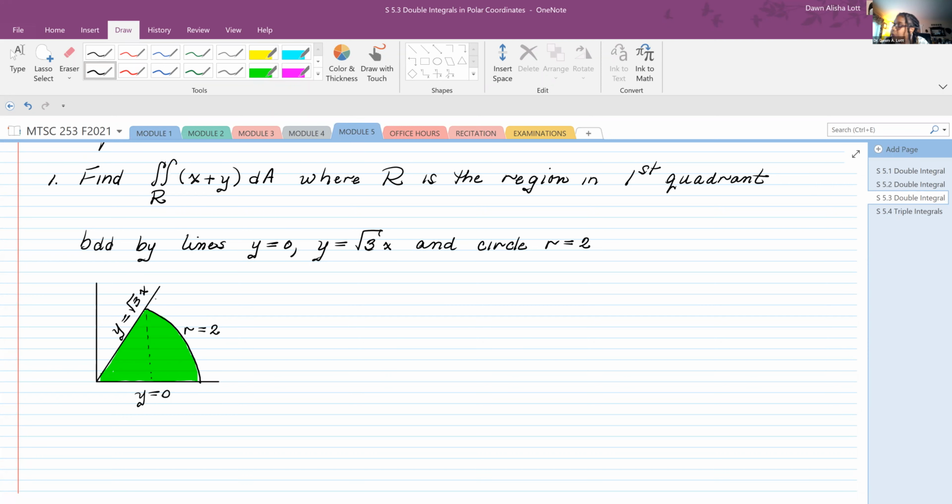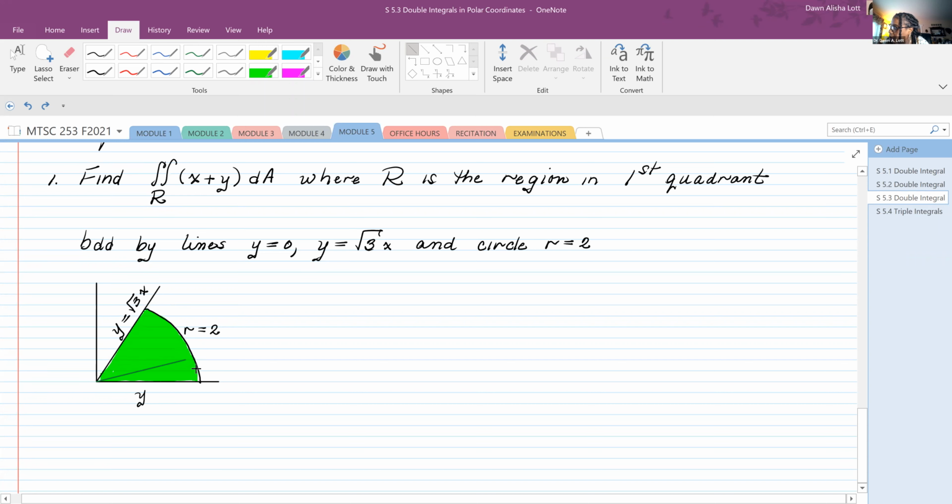But it's easy in polar coordinates. In polar coordinates, I can draw a radius. I can start it down here where theta is equal to 0 and move it up until theta is equal to this value.